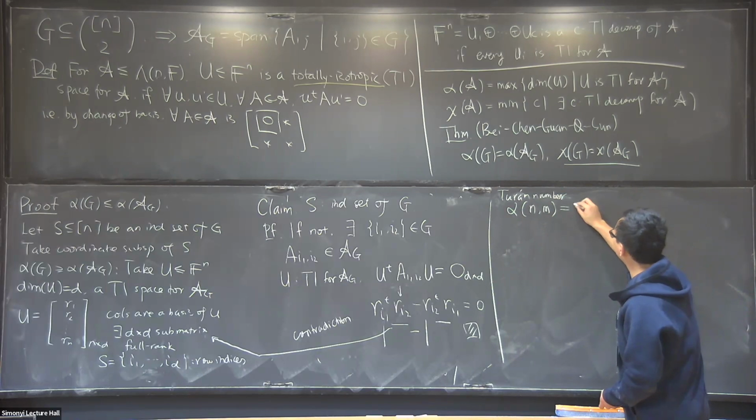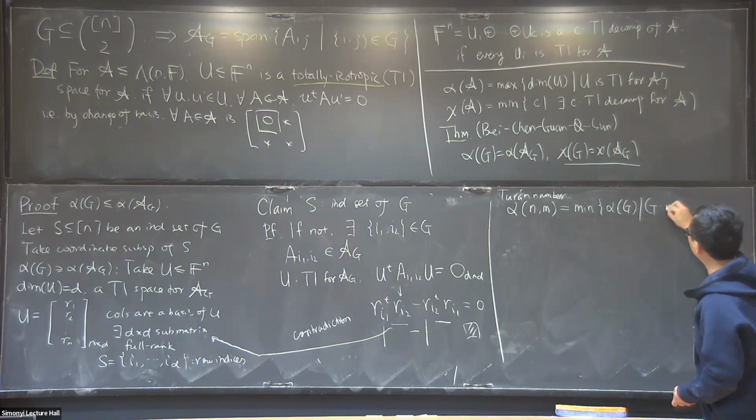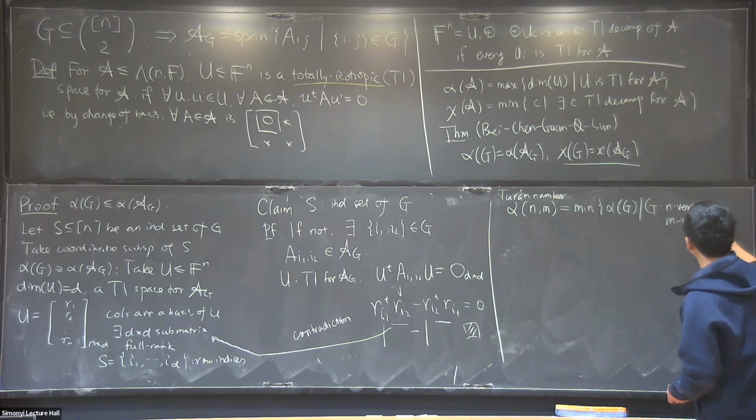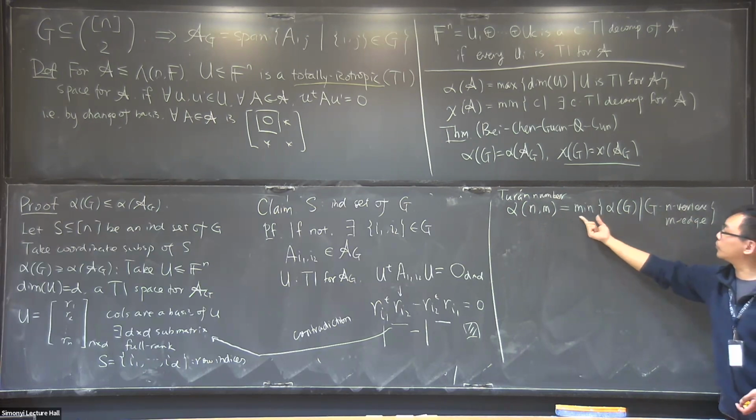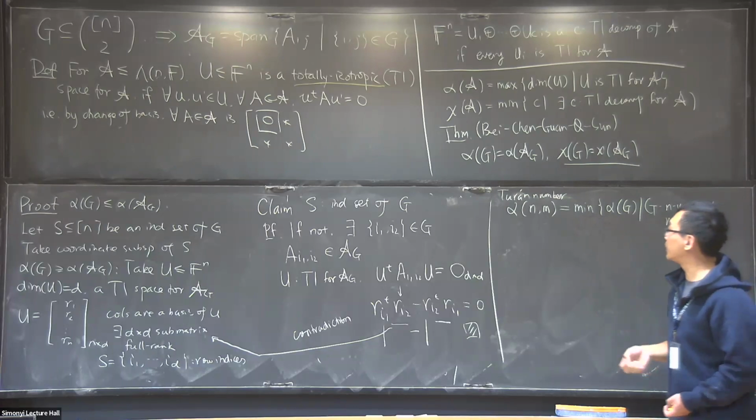This is the minimum of alpha(G), where G is an n-vertex, m-edge graph. Over all n-vertex, m-edge graphs, you look at the minimum of alpha(G). This is Turan's number.